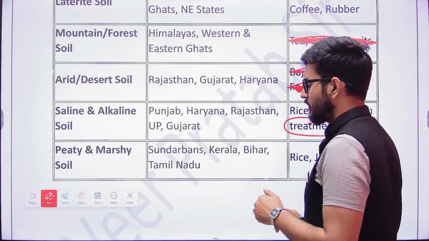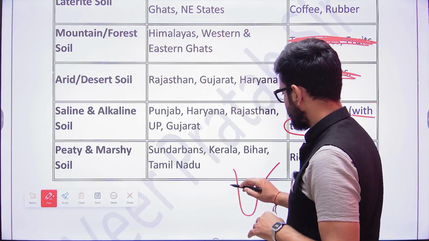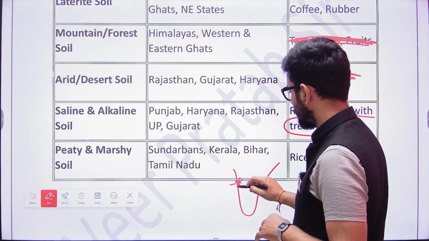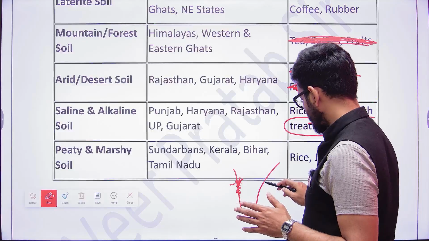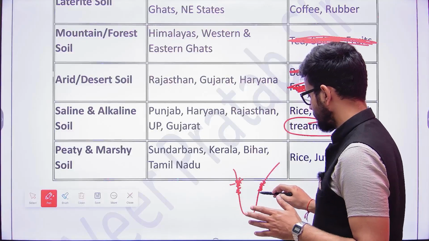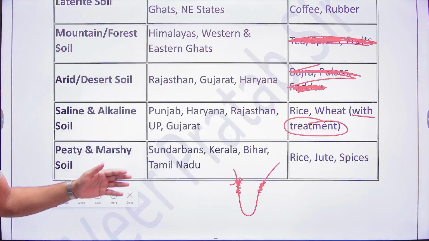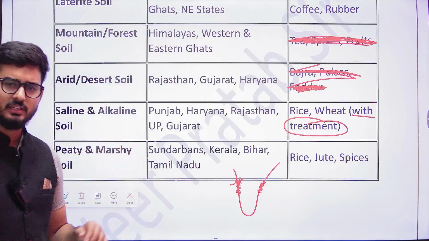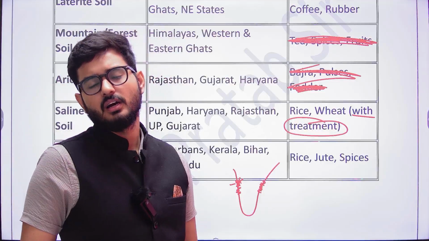Peaty and marshy soils, where are they found? They are found in the land and water transition areas, where land and water are mixed. That is the foundation of peaty and marshy soils. So you can find them in the Sundarbans, Kerala, Bihar, and Tamil Nadu, wherever the land meets the sea.